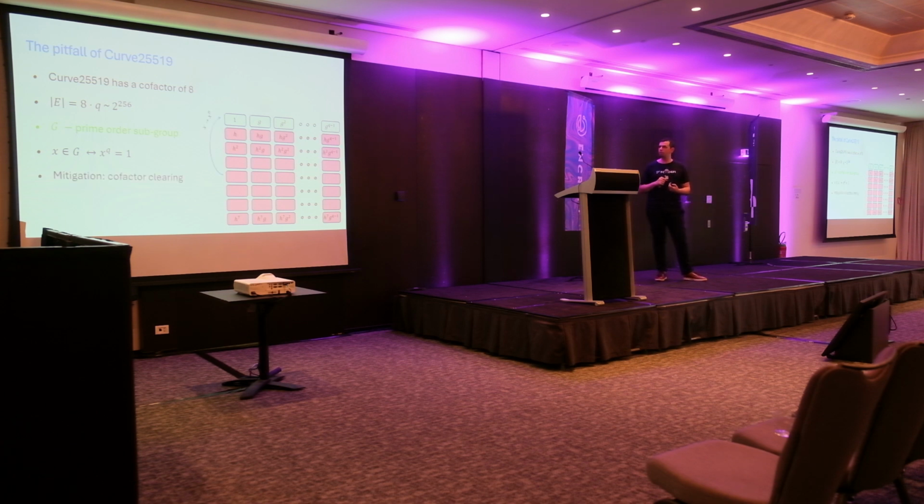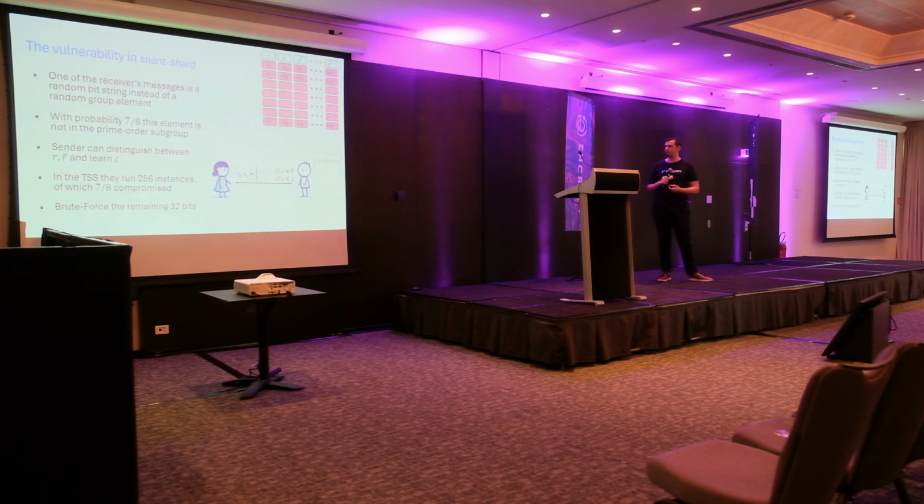So while this is not a problem for most applications over curve 25519, like in the Diffie-Hellman case, where the first thing that you do is to eliminate the cofactor element by taking the value to the power of 8, and then you can do all the subsequent operations in the small subgroup. So actually, in our protocol, this can be an issue.